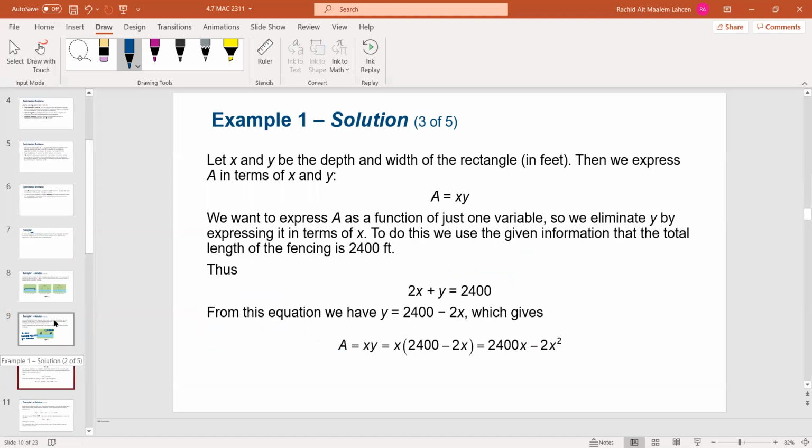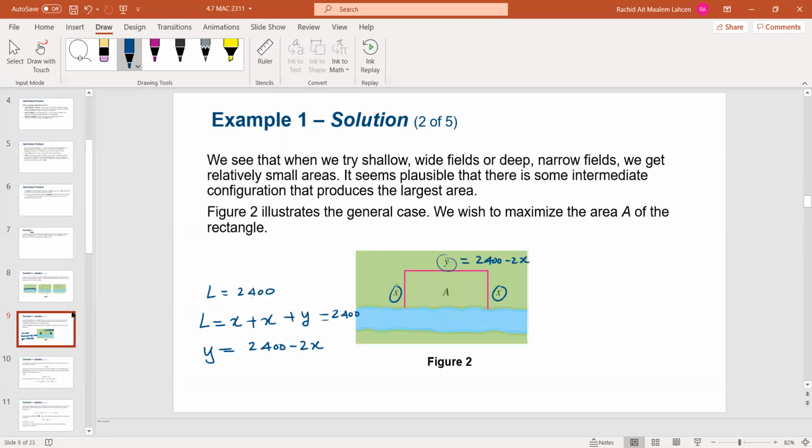So then we get into the area. If x is the width and the length is 2,400 minus 2x, then the area becomes the width times the length, which is y. Here maybe I should use L instead, to call it the length of the fence, so it doesn't get mixed up with y, which is the length of this rectangle.